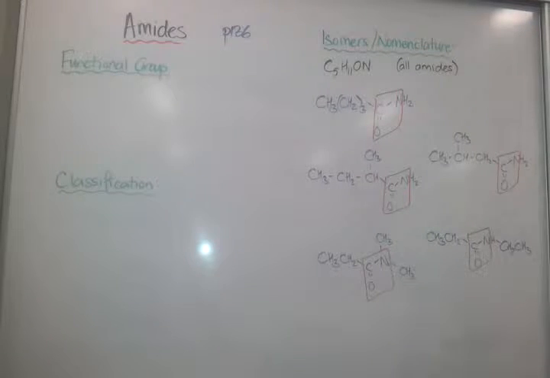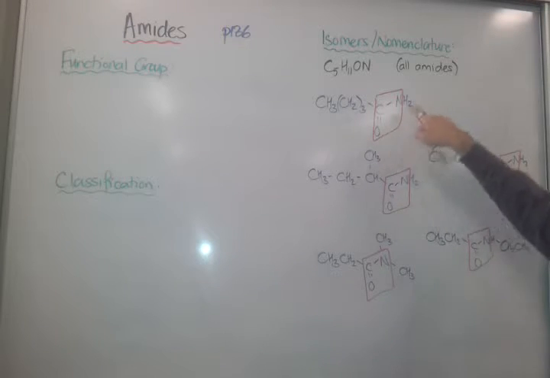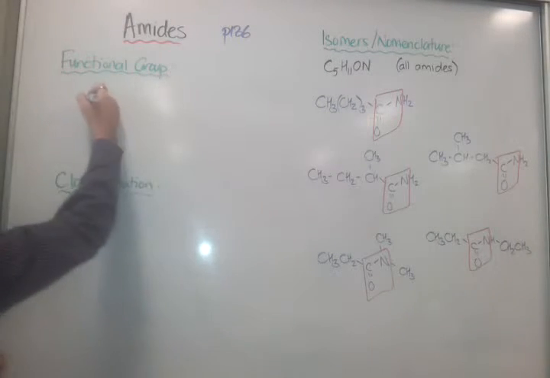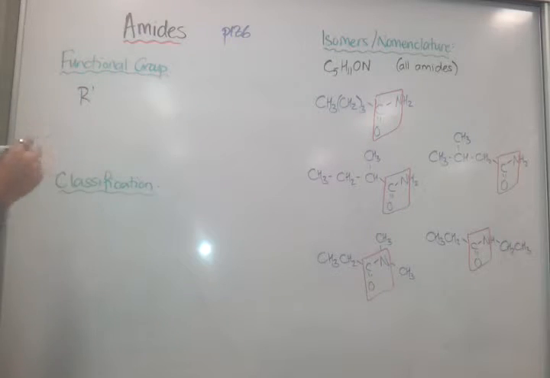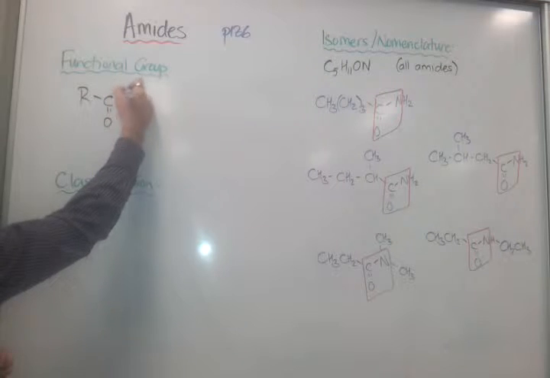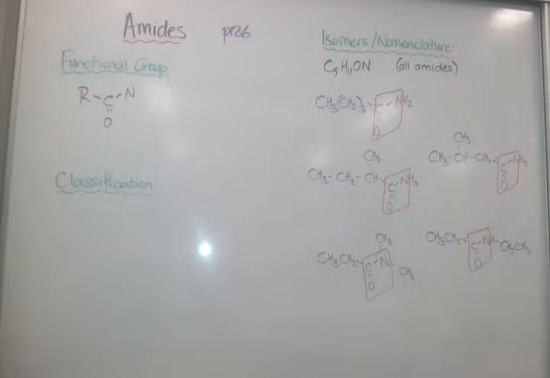So the key thing for us to know is, over here, when we worked together as a class to find these 5 plus others, these 5 isomers, they all have this CON inside them, somewhere. And so that is going to be our functional group. So we have a carbon chain, or maybe it's only a hydrogen, bound to this.